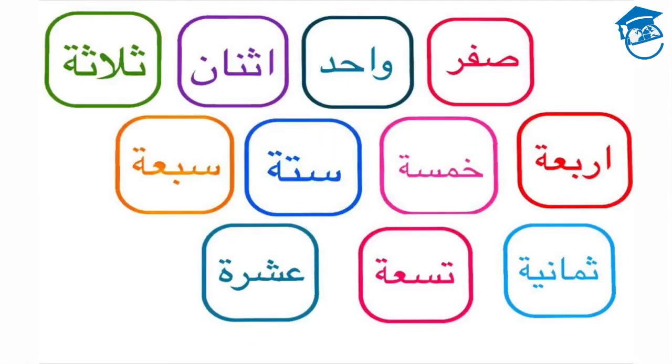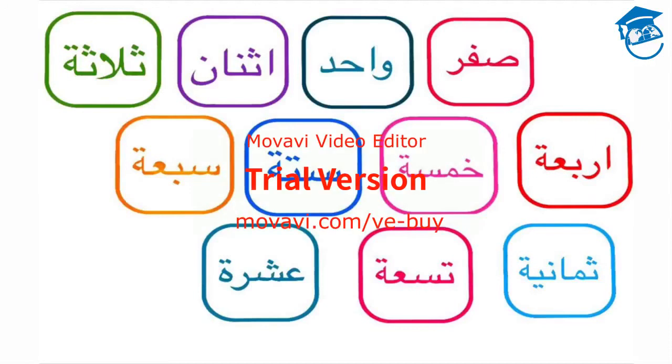And once more. صفر. واحد. اثنان. ثلاثة. أربعة. خمسة. ستة. سبعة. ثمانية. تسعة. عشرة. And now you have a challenge.